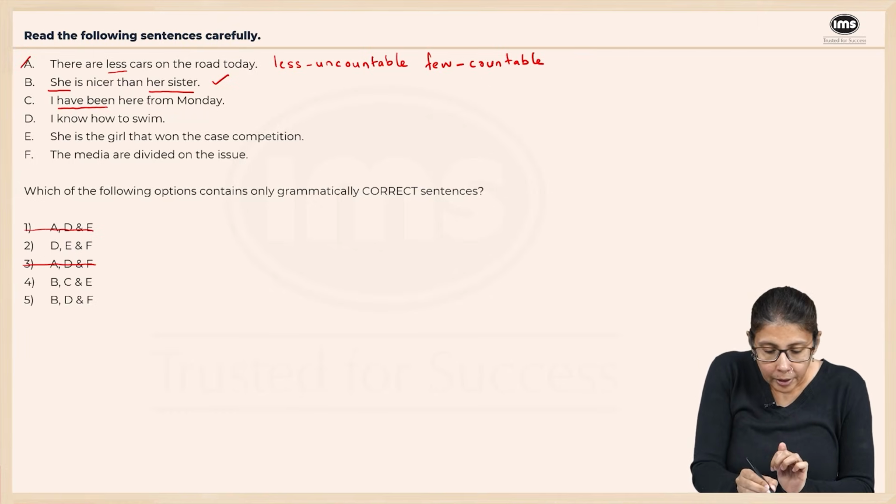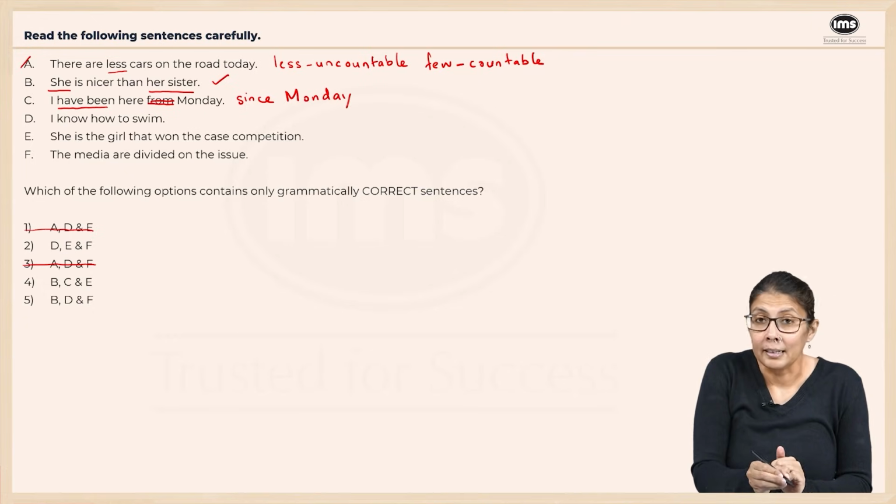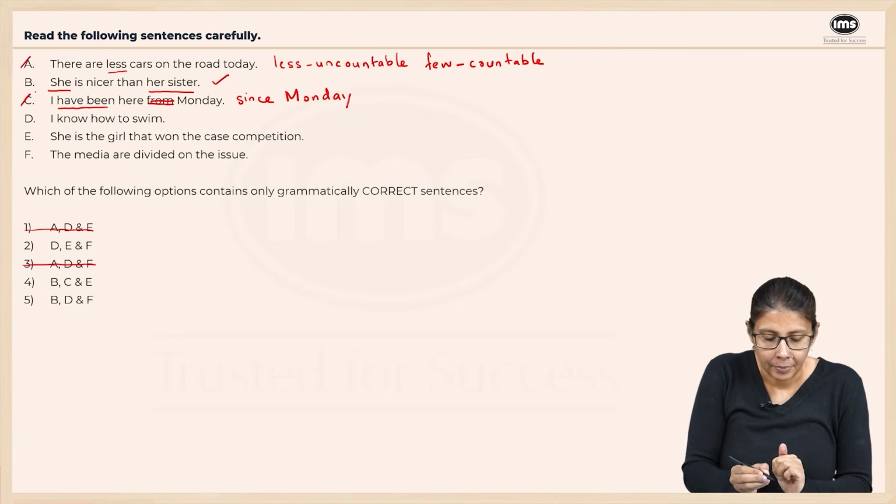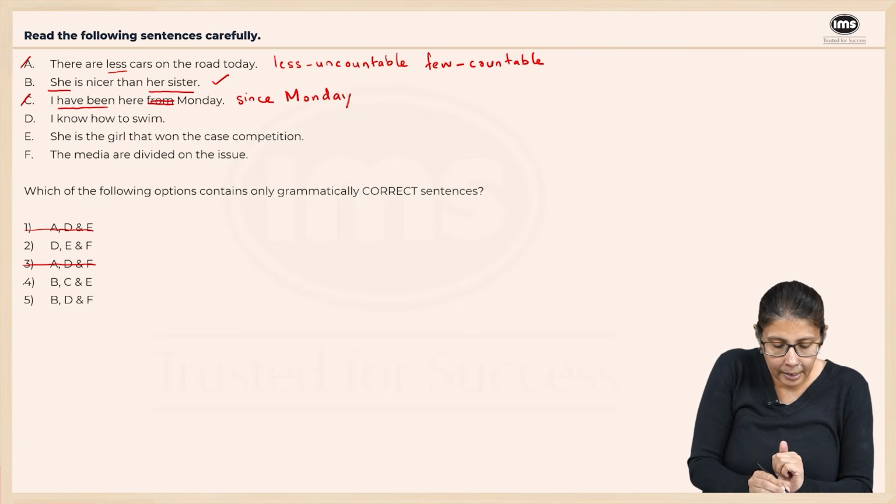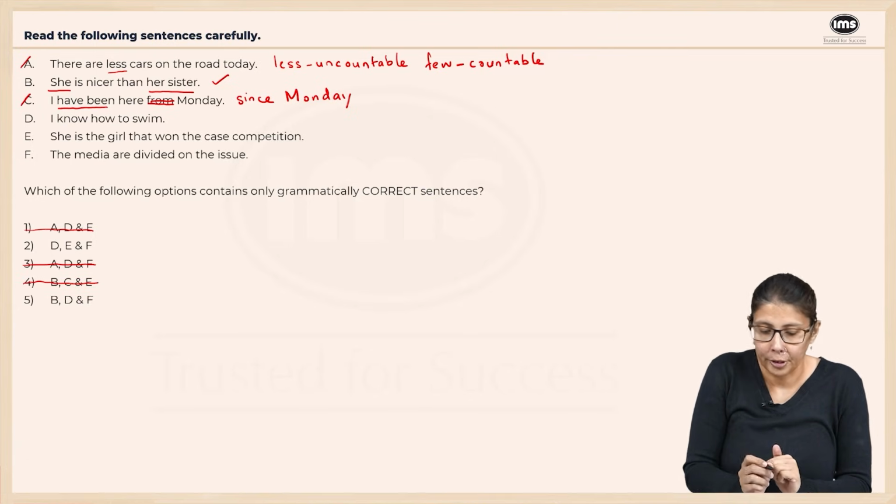So, this word should be replaced with since. That means that C cannot be part of our answer. Now, if C is not part of the answer, then I can happily eliminate option 4 as well.